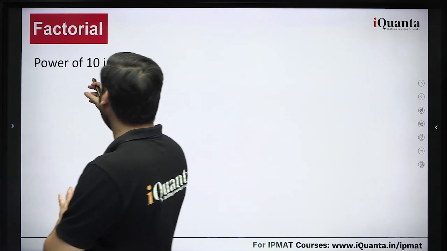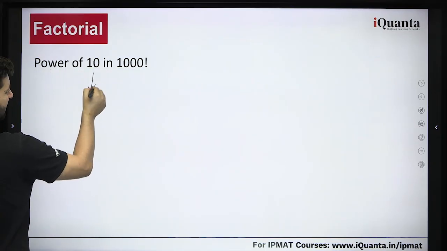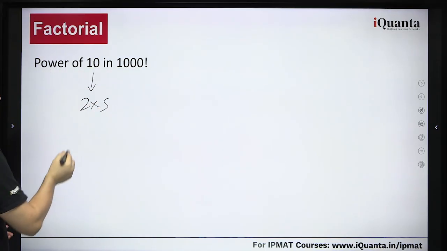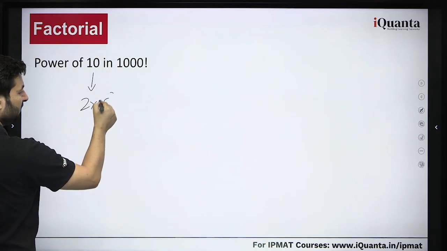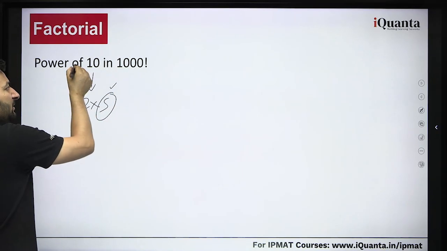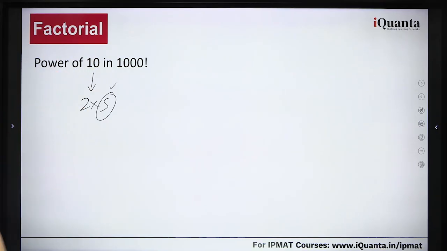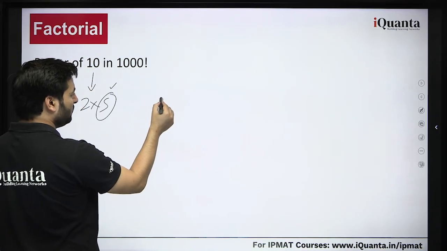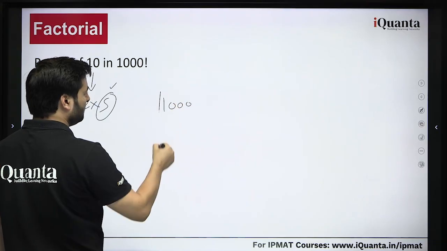What about this? Power of 10 in this. 10 can be written as 2 into 5. So, it's very easy for me. Simple product of 2 primes, which is the bigger prime? 5. So, we simply have to find out the power of 5 in 1000 factorial. That will be the same as the power of 10 in 1000 factorial. So, you know it, 1000.